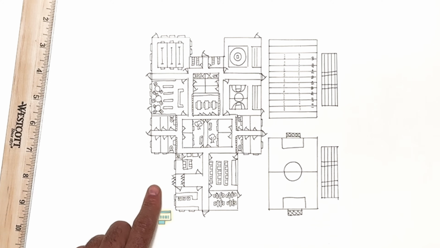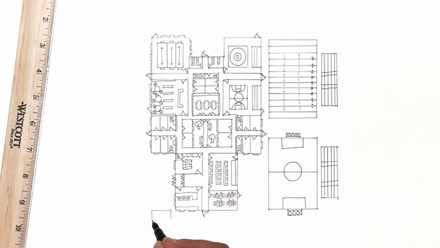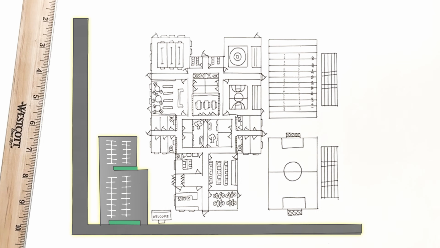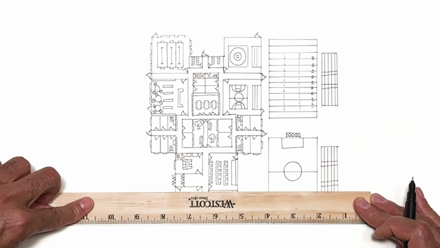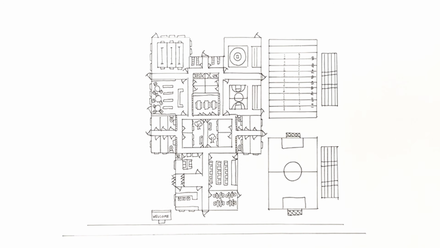Now, outside the entrance of the school, I'll draw a big digital signboard to communicate news and events with students and parents. It should be positioned facing the road so that it can be seen easily. How about a parking lot and bus lane for students to get dropped off and picked up?